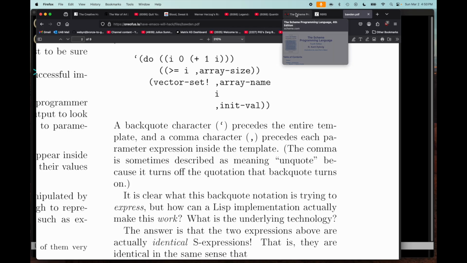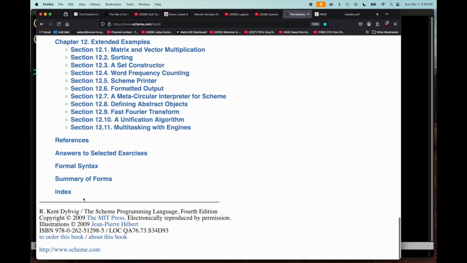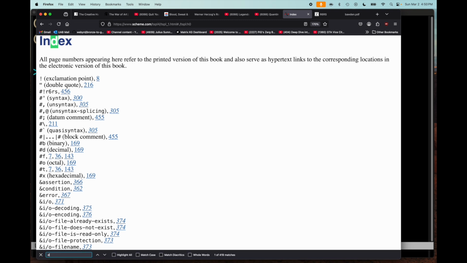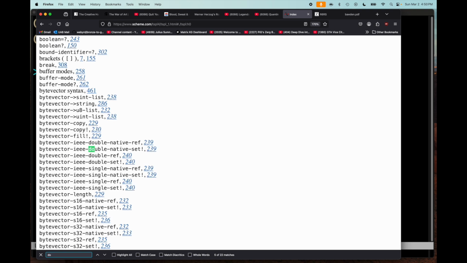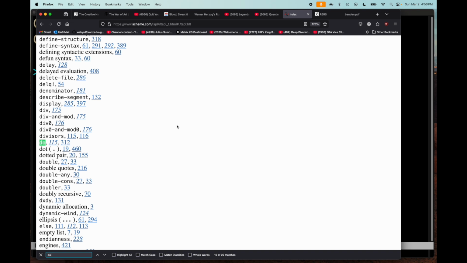Okay. So, let's just look at do. So here we go. The Scheme Programming Language. Let's go to the index. There we go. There's a summary of forms, formal syntax, but I usually just go to the index. So let's go to do. Okay, here we go. Do.